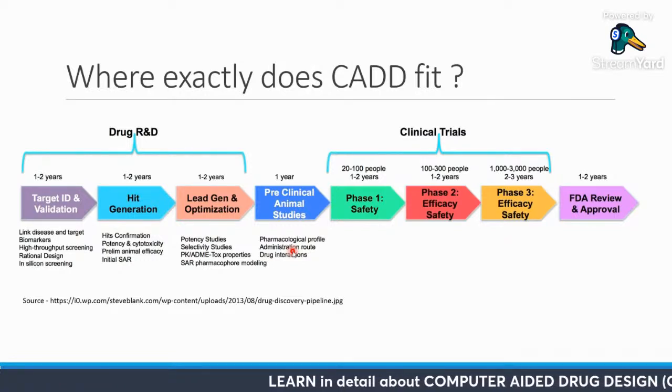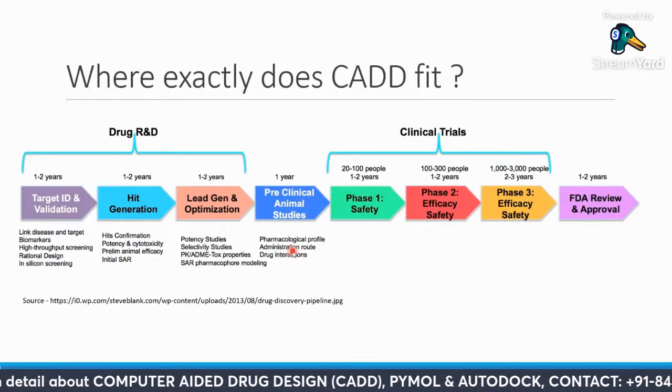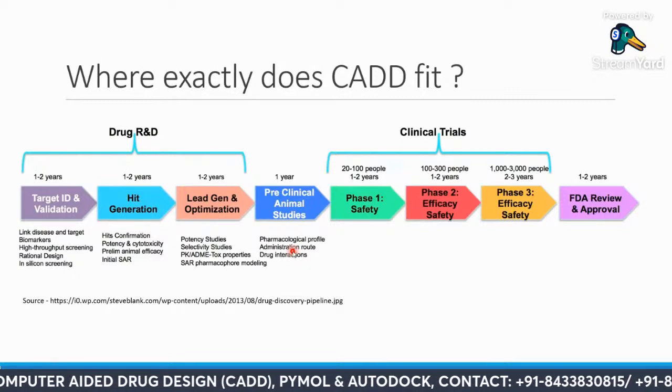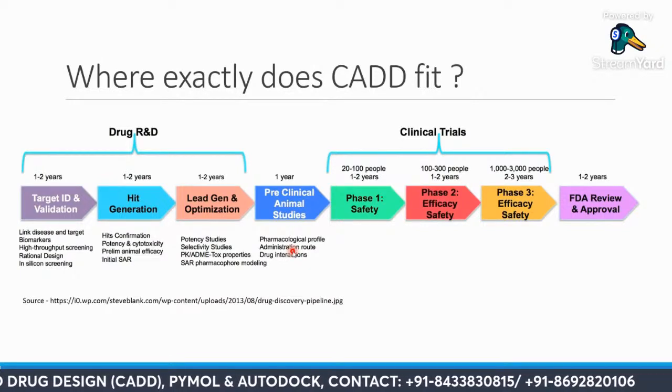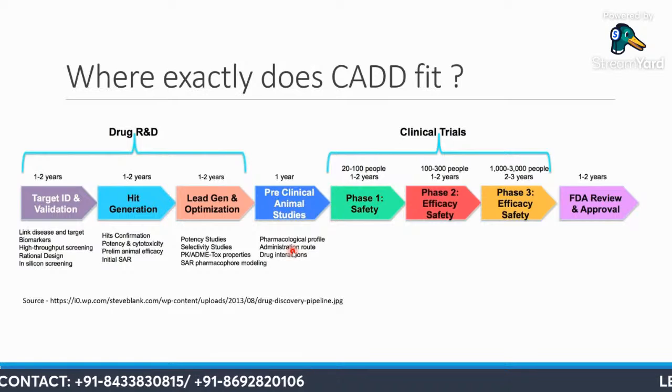But for certain other diseases, like inflammation, if you want to make anti-inflammatory drugs, their toxicity has to be very, very low. So it depends on what kind of disease you are trying to eliminate, and there hit optimization varies.